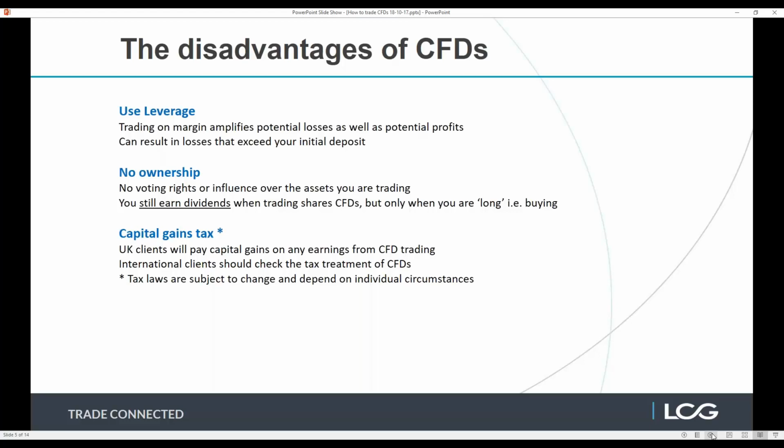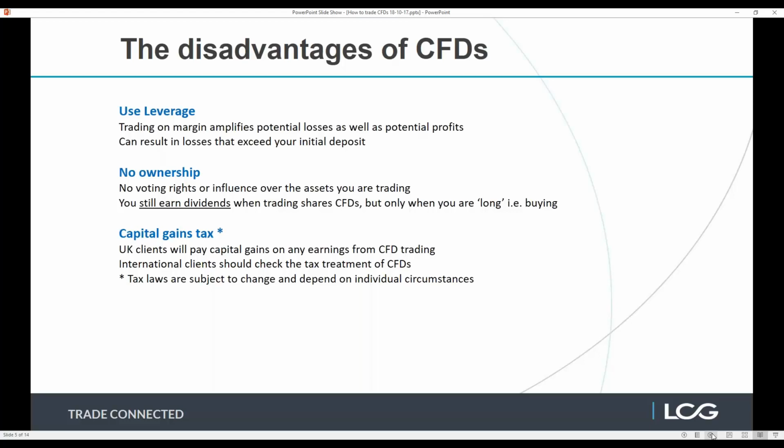Capital gains tax. UK clients will pay capital gains on any earnings from CFDs. So it's a quick mention here that obviously spread betting has a tax advantage over CFDs from that standpoint in the UK. But of course, again, not getting into the realms of tax advice here.